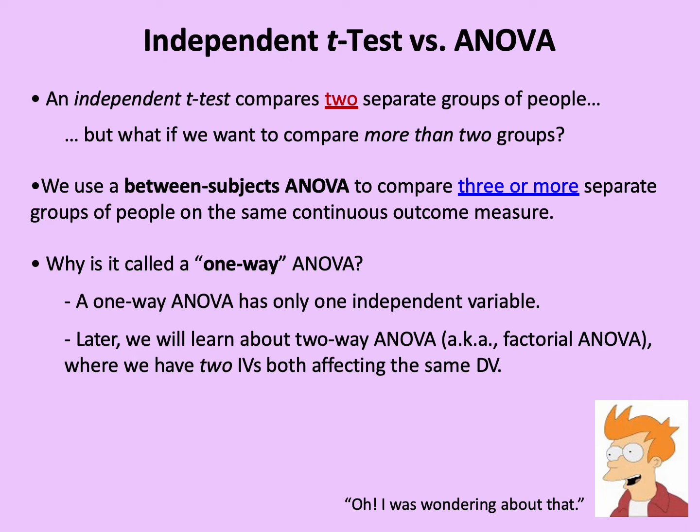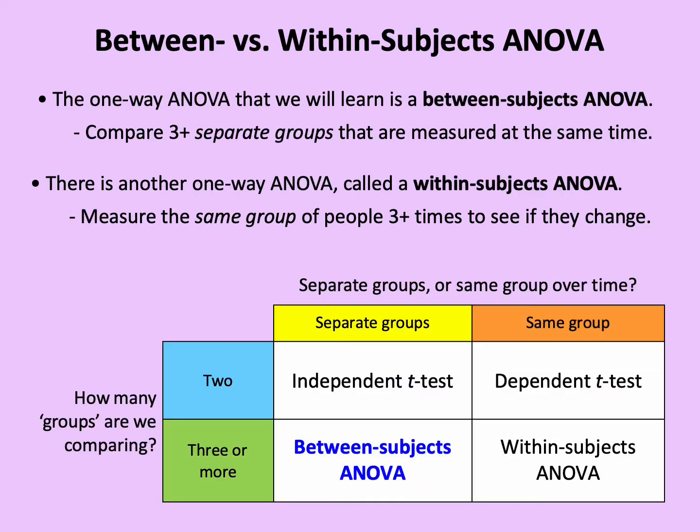Let's look at this distinction a little bit more closely. Some of you might remember from 306 the distinction between a between subjects and within subjects design. With a between subjects design, we have multiple groups of people completing some kind of experimental task at the same time.